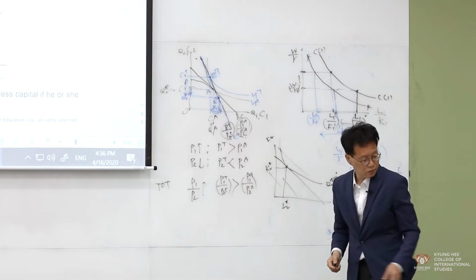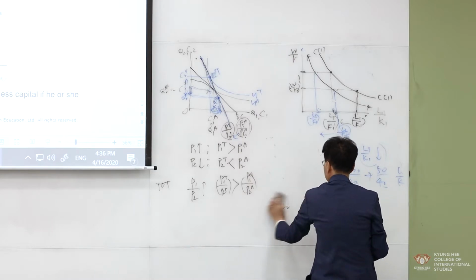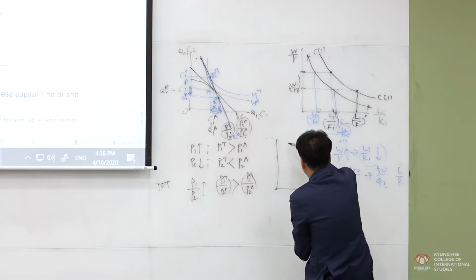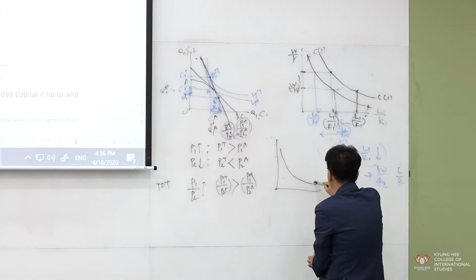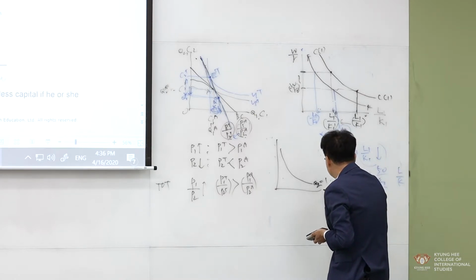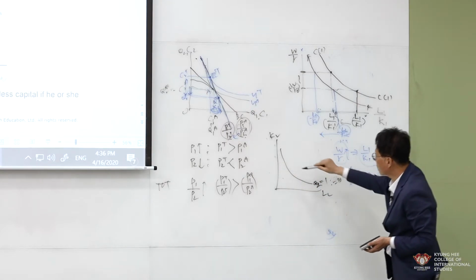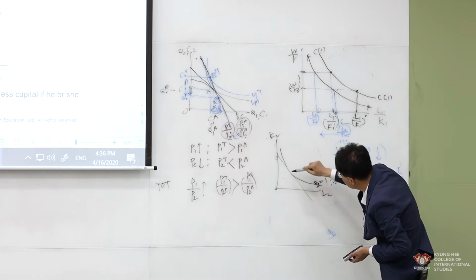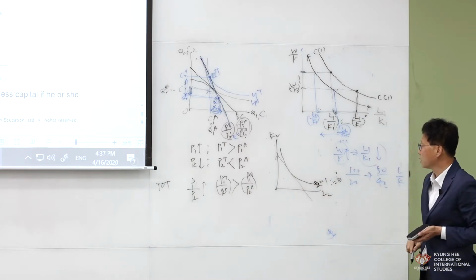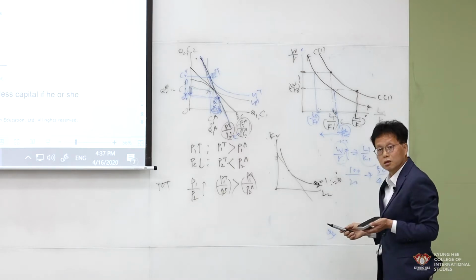Then you can graph like this. For example, Q1 is 1 and Q2 is 1, with L2 and K2. We can draw it, and the cost minimization solution happens at this point.